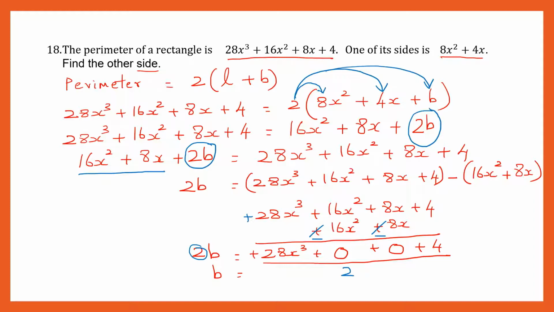Okay, so 2, I can cancel this. I need to divide this by 2. That becomes 14. And I divide this by 2, it becomes 2. So my final answer, B, that is the other side, will be 14x cubed plus 2.